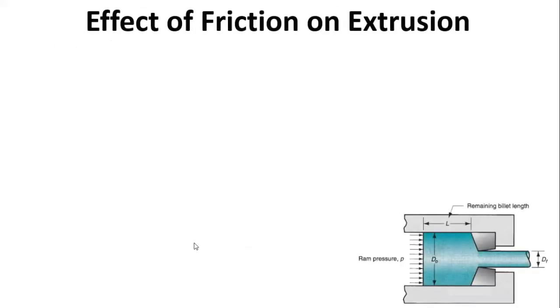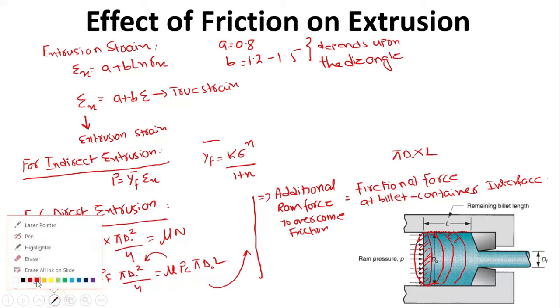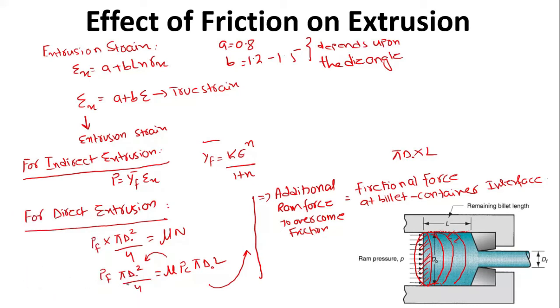This is what we have: the additional pressure and additional ram force, that is to overcome the friction force, and the actual friction force that is present at the billet and the container interface.